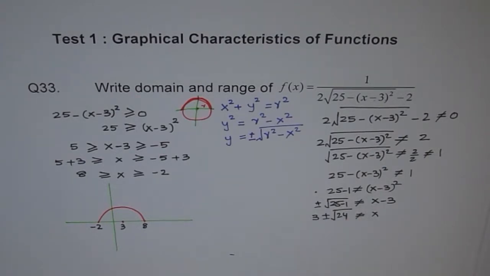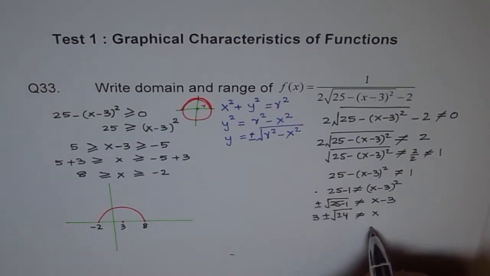Now if I use a calculator to find the approximate value of this, let me check first. Square root of 24 is equal to 2 square root 6, approximately 4.89. So when I do plus 3, I got 7.89, which is 7.9.